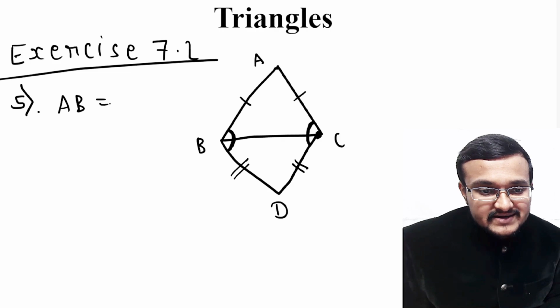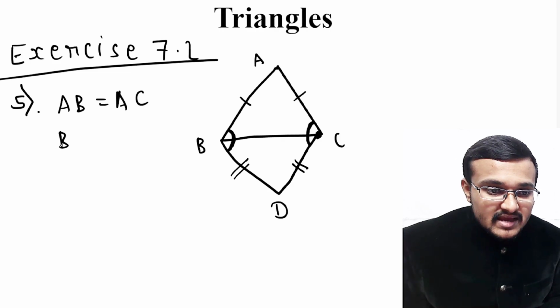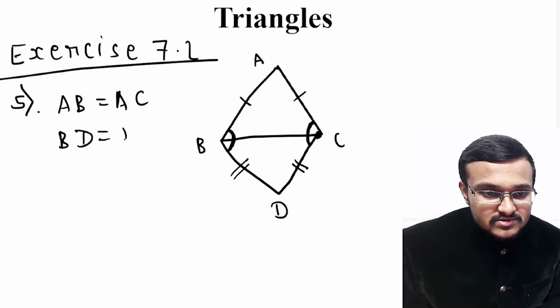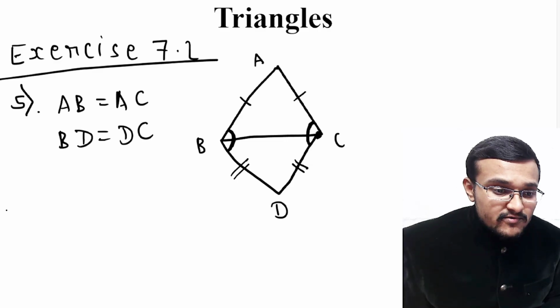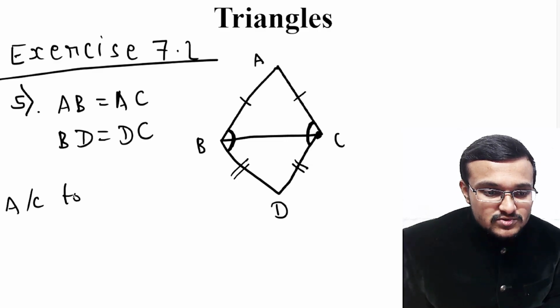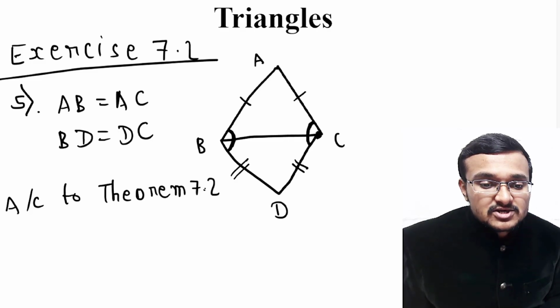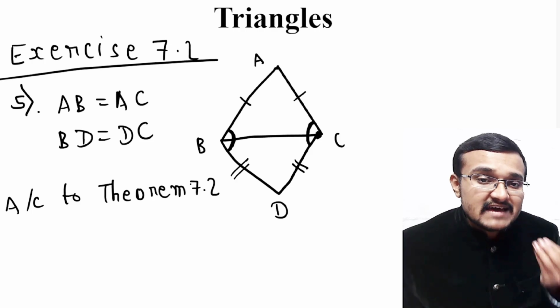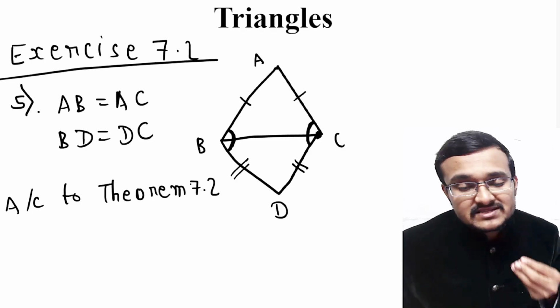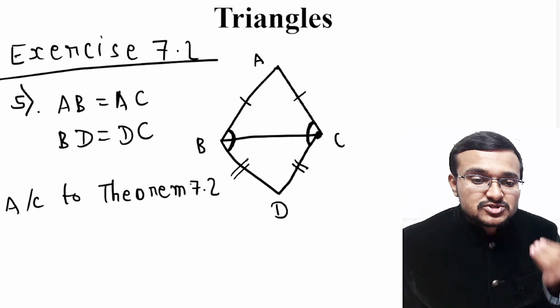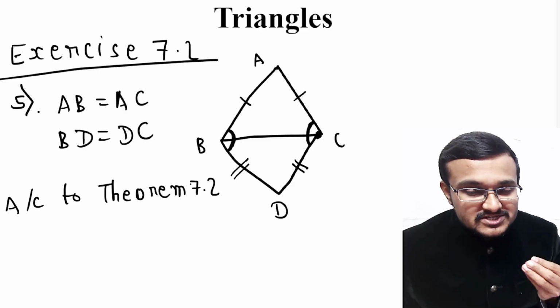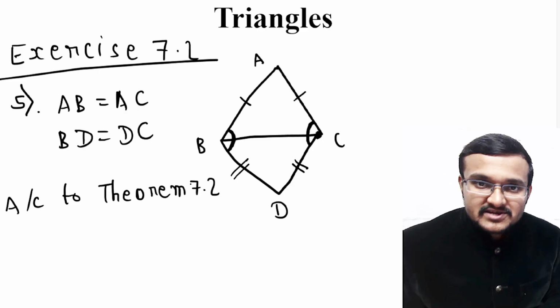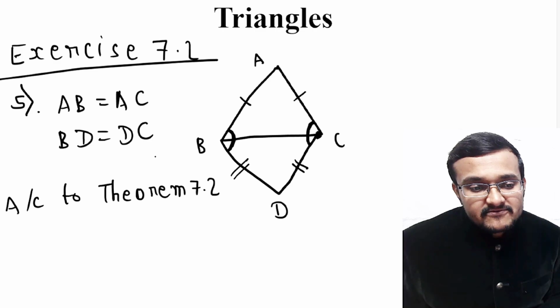So here the data they have given is AB is equal to AC and BD is equal to DC. Now according to theorem 7.2, if you don't know what theorem 7.2 is, you can refer to my previous videos where I have explained theorem 7.2 and theorem 7.3. After understanding theorem 7.2 and 7.3, you can solve this question.